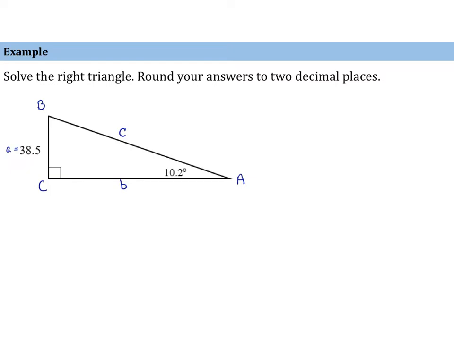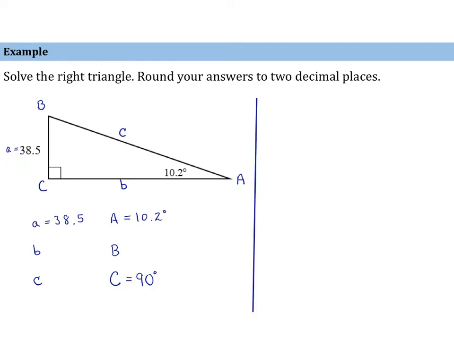As we take inventory of what we've been given, we have sides a, b, and c, and angles A, B, and C. We know C is 90 degrees, angle A is 10.2 degrees, and side a is 38.5.